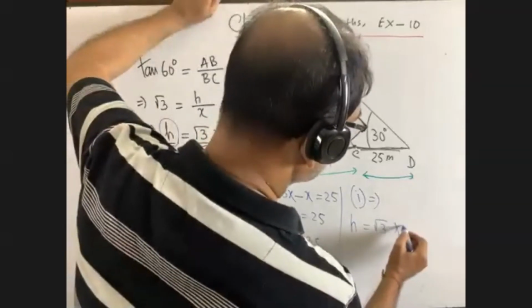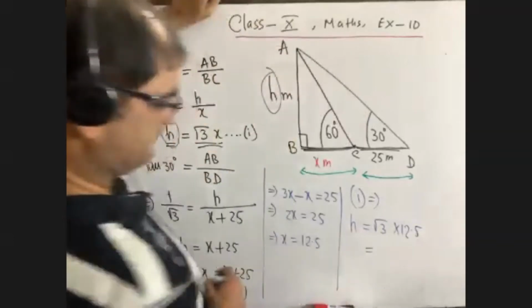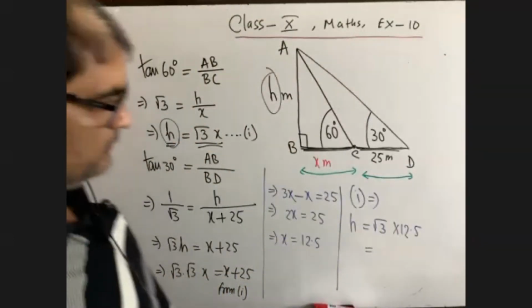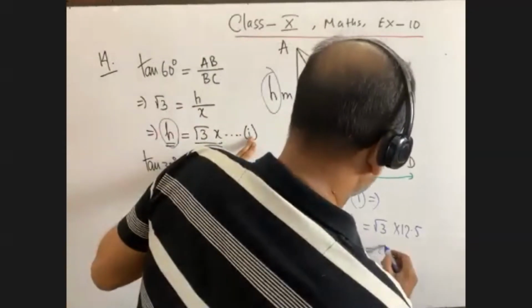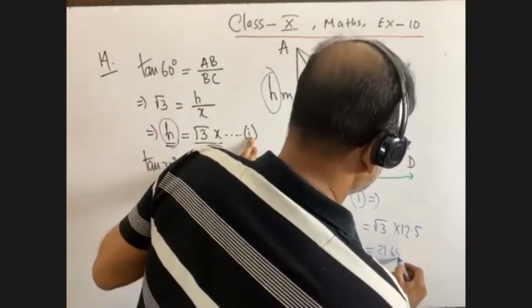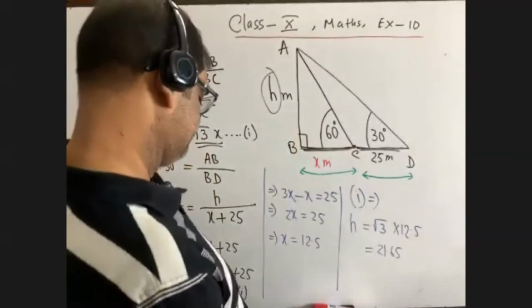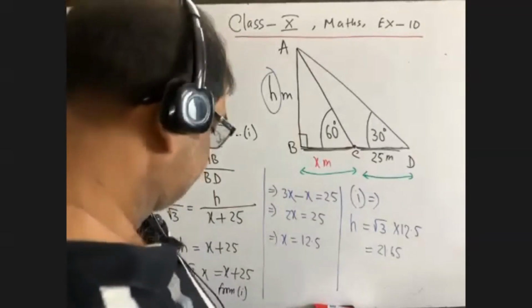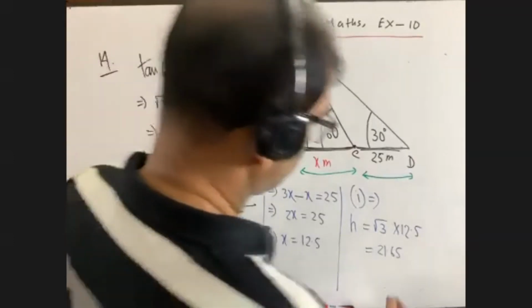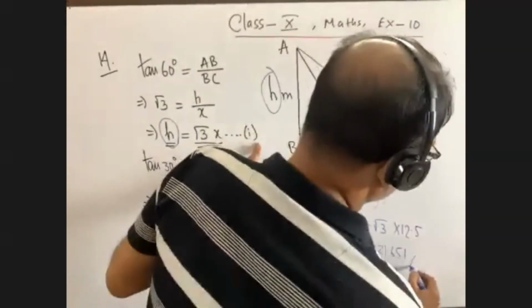Root 3 into 12.5, use the calculator, please. 21.65, then 0, 6. 21.6506, approximately.